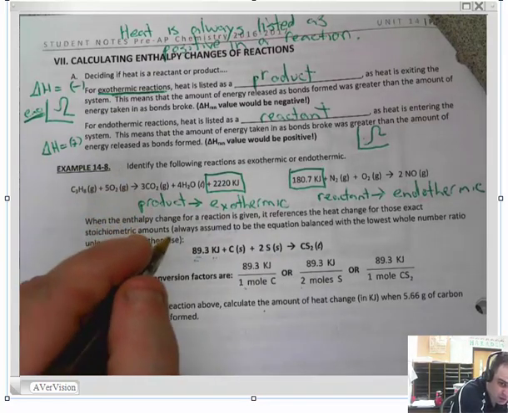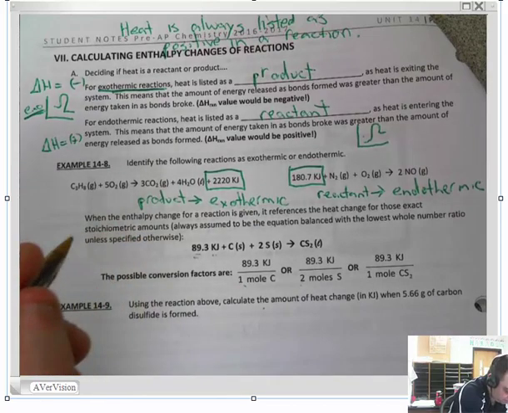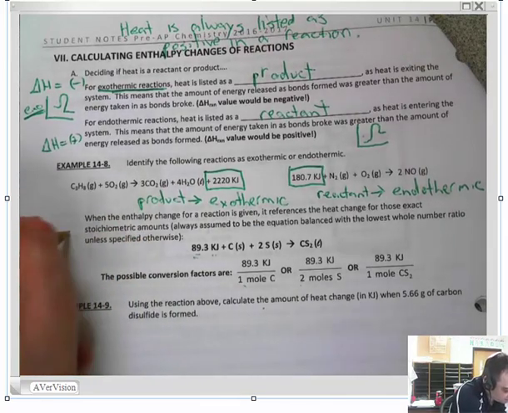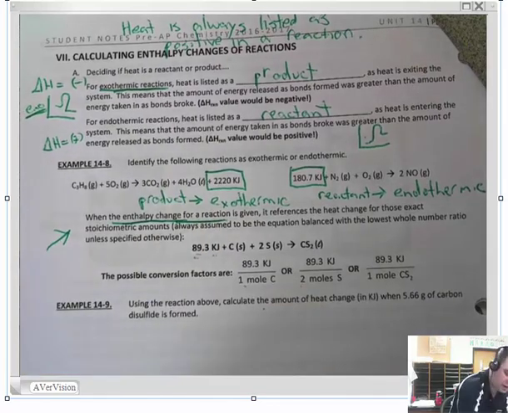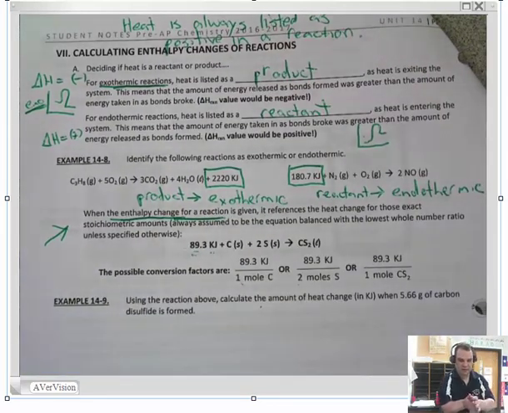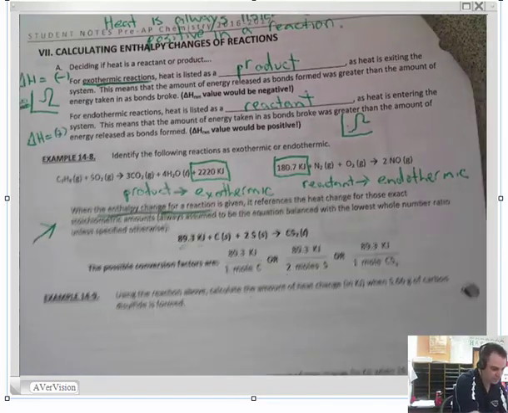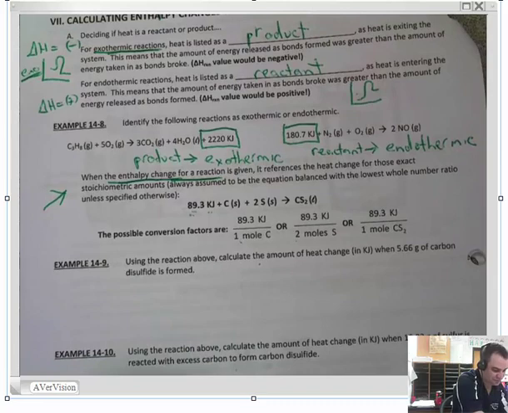We can do some wham wham wham wham ratios with these. Okay? And that's what we're going to have to do here when we are calculating the enthalpy change for a given reaction. You're going to have to put the energy in the reaction, and then we're going to do some classic stoichiometry. Let me show you how this is done.